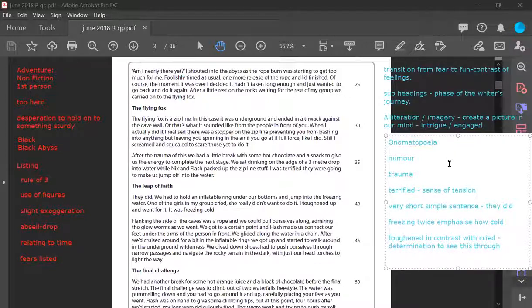Okay, we move on a little bit more and then let's see what happens. Flanking the side of the caves was a rope, and we could pull ourselves along, admiring the glowworms as we went. So again, all of this time, these 2 paragraphs is talking about things that she doesn't want to do. She's afraid, she's scared. And then again, a beautiful description of what she saw when she was in there.